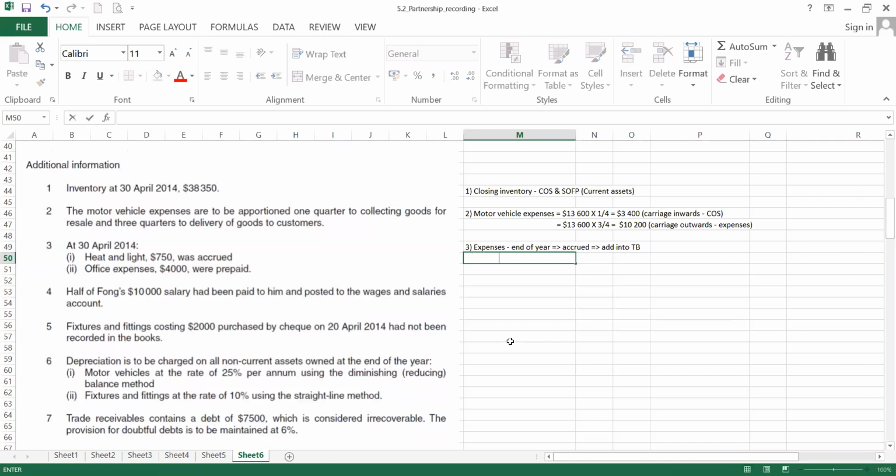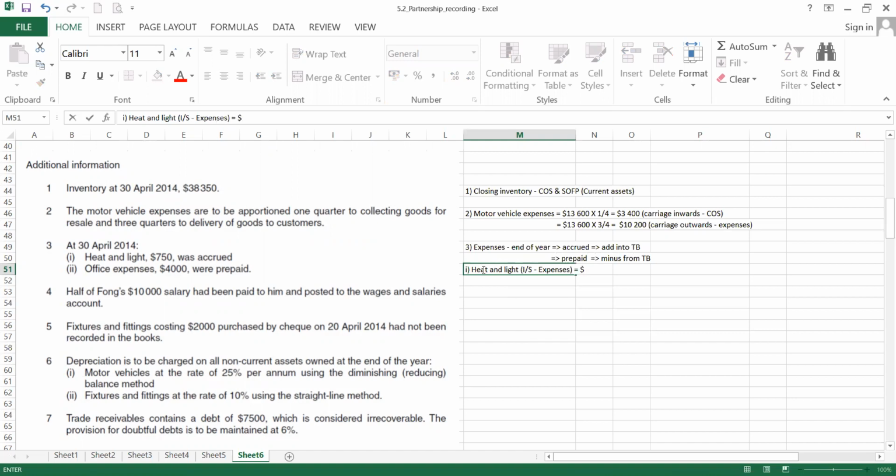If the amount is end of the year is prepaid, expenses prepaid, we have to minus from trial balance. So for the number 1, heat and light. Heat and light is accrued.